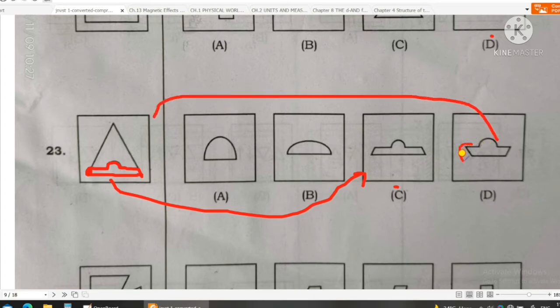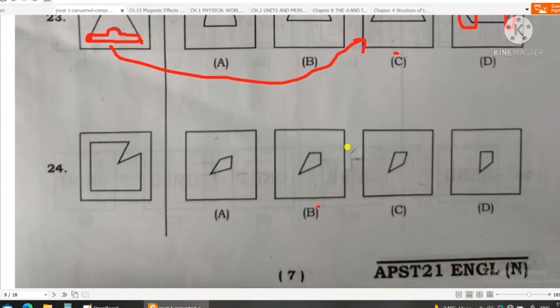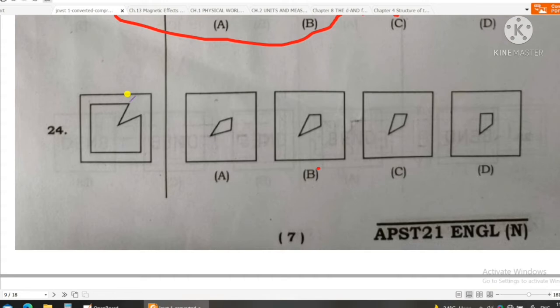You can see here these sides are a little different. Okay, so the answer is here C. Next, question number 24. If you complete this square, then you will get this structure. Okay, you can see here that the structure of figure B, or option B, is suitable for this answer.